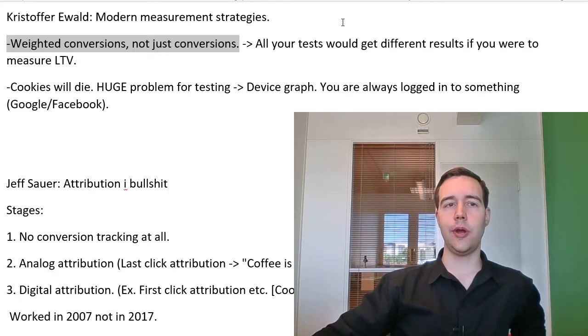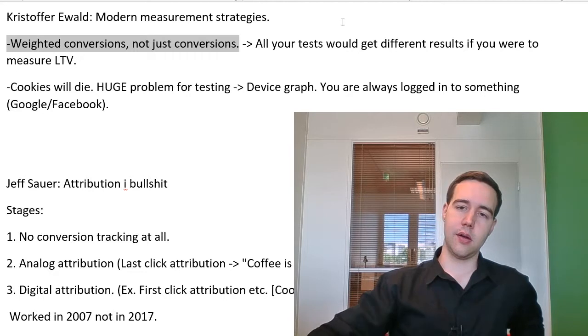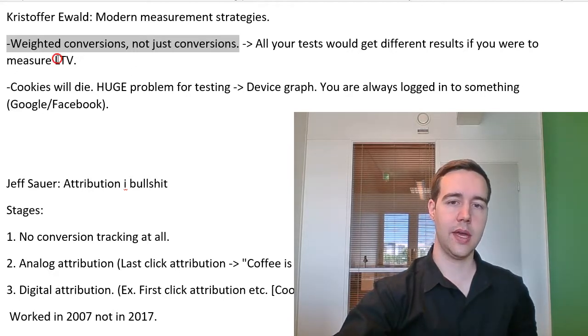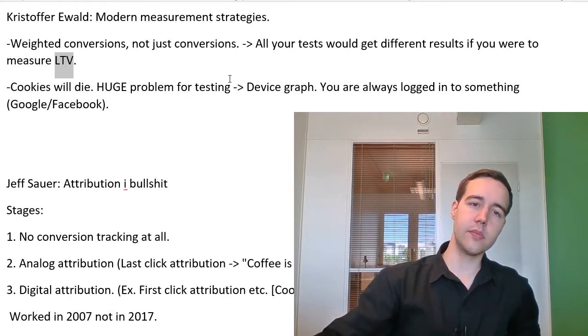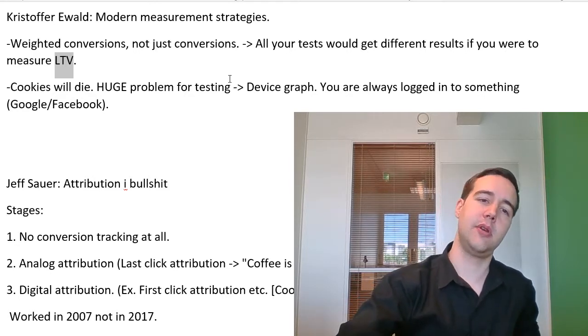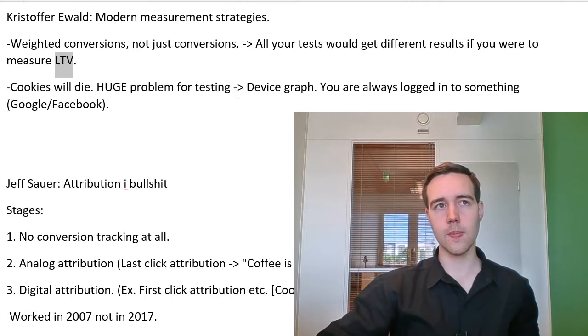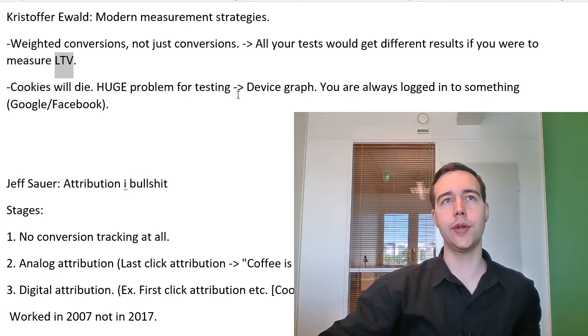And this is where you would use weighted conversions rather than just conversions. So we would take into account a customer's lifetime value, LTV, rather than just conversions. And why is LTV important?